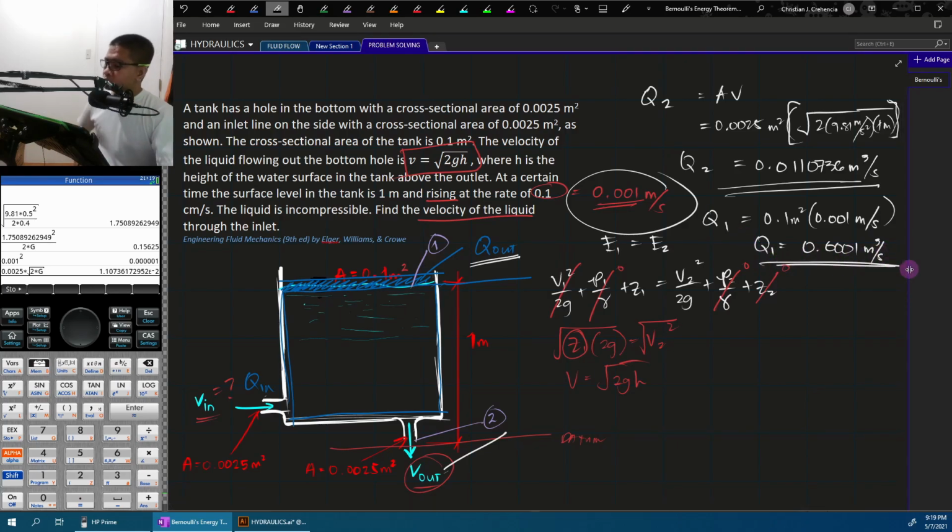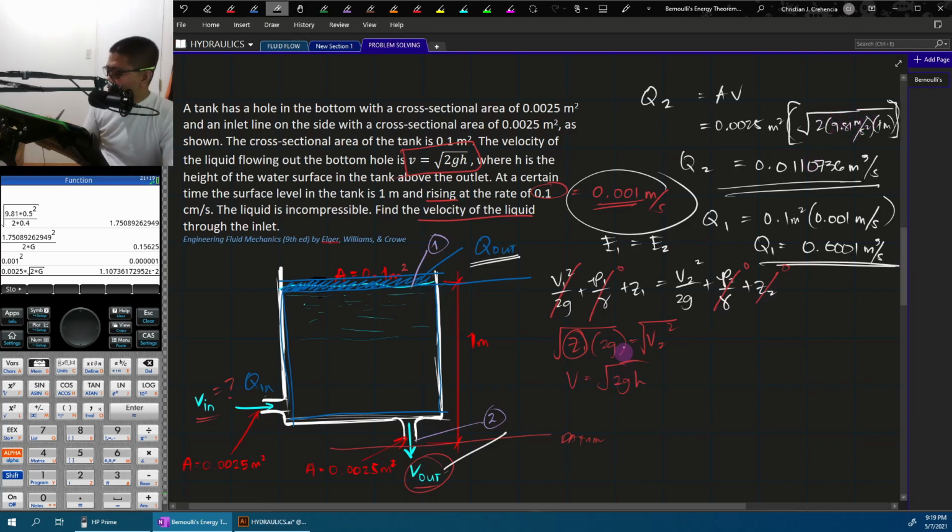Okay? So, try lang natin na isama dito yung V1 squared over 2G. So, compare lang natin dito, yung V squared over 2G is equal to yung Z1 natin is 1 meter. Then, plus, isama natin to, 0.001 meter per second, then squared over 2G. Okay? So, solving for velocity, this is the square root of 2G times 1. Then, pag minultiply natin doon, magkakancel yung 2G.